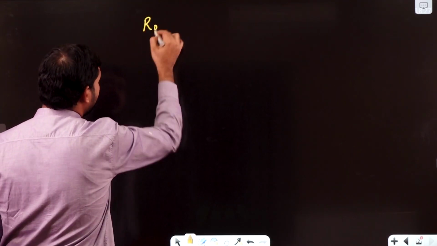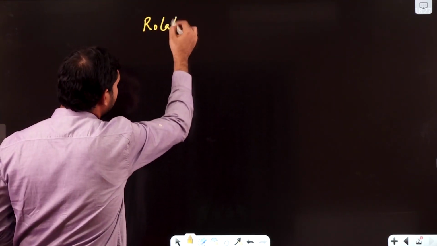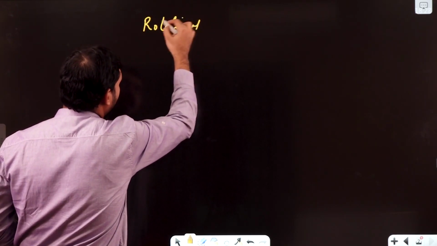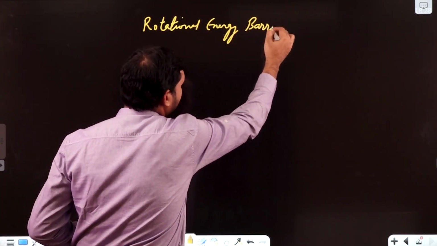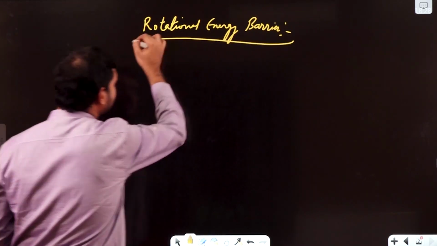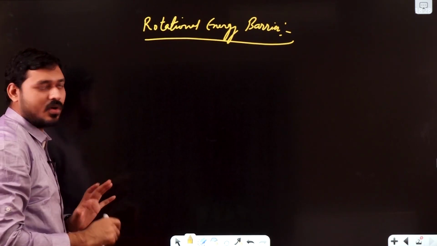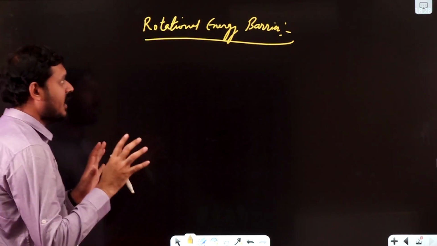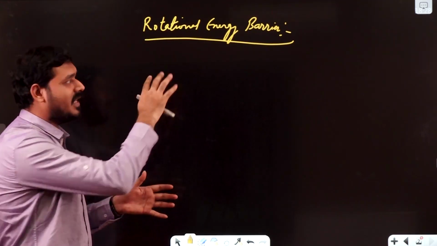See, earlier, in various cases, we used the term rotational energy barrier. So let's take up this point to correlate the entire thing which we have studied. I'll relate the rotational energy barrier to the particular cases where we need this term.